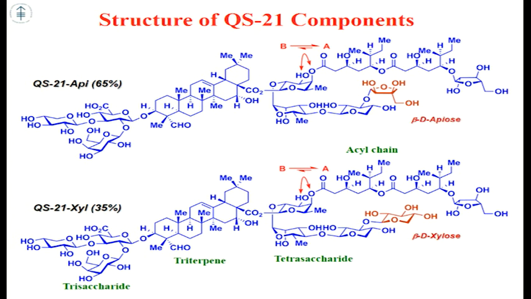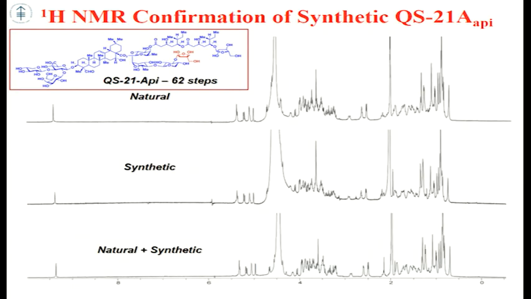All these chemistry guys came with all these proportions. Here I can say that QS21 has 4 quadrants. One is a trisaccharide, a triterpene, a tetrasaccharide, and one is an acyl chain. The chemistry group synthesized this and tried to cut parts off, because QS21 is toxic. They want to know which is less toxic. So they modified all these things.